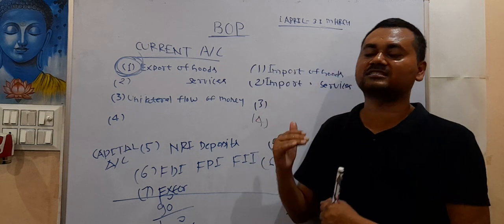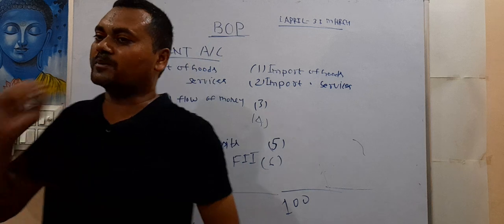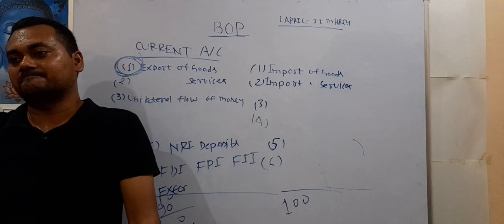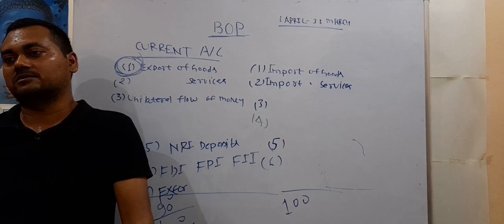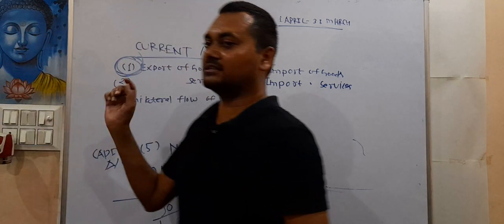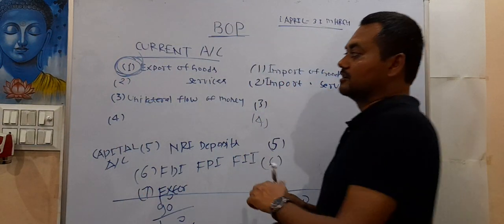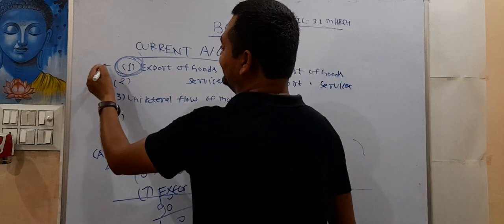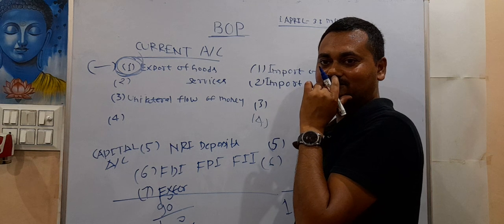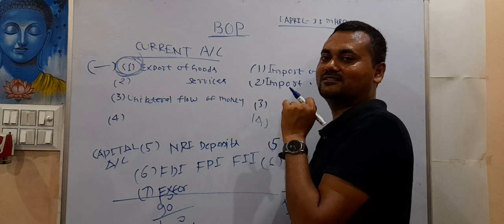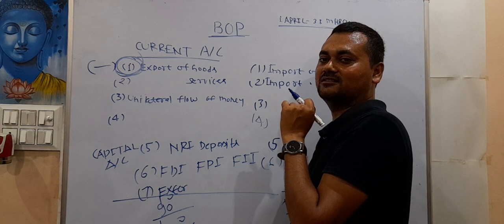As of now, this trade deficit is around 2% of GDP. We are highly cautious about this component because it is very difficult to manage for India.